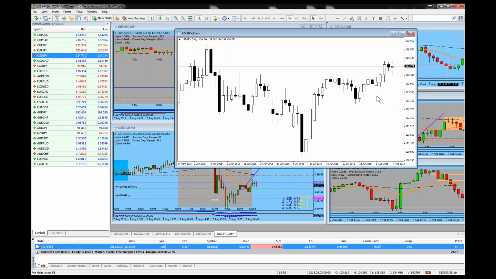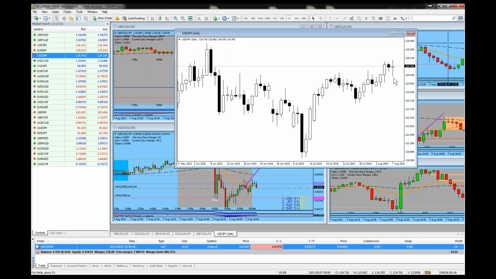Oh wait, move the mouse so I can see what you're talking about. Yeah, okay, right here. See, that happened before NFP. Okay, I got you. It happened before NFP, so there was no heat involved. And then after NFP or sometime around then, it went up, took me in. Now there's a pullback.